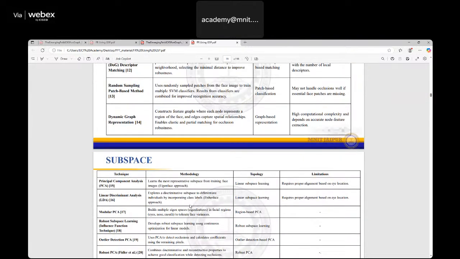Then in the subspace, for example, PCA is there where you select the key components, and linear discriminant analysis. Many times these techniques are used after applying the basic feature recognition. For example, if the size of the feature vector is high, PCA and LDA become very crucial to reduce the size of the feature vector as well as improve efficiency.